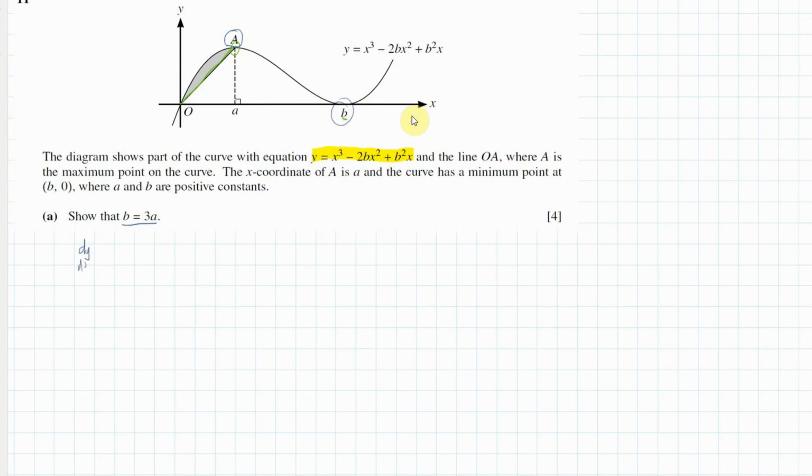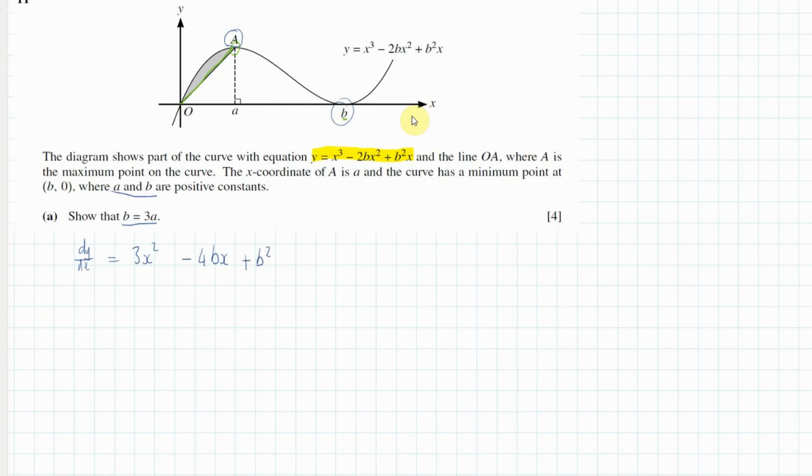So I would write dy dx is equal to 3x squared minus 4bx plus b squared, because the a and b are constants, so just pay attention to that.